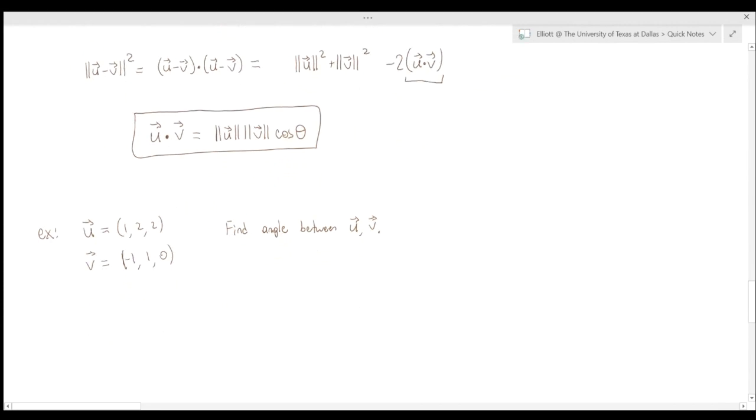first thing we would do is we need to compute their dot product as well as their norms or their lengths. So if we compute the dot product of u and v, it's going to be negative 1 plus 2 plus 0.